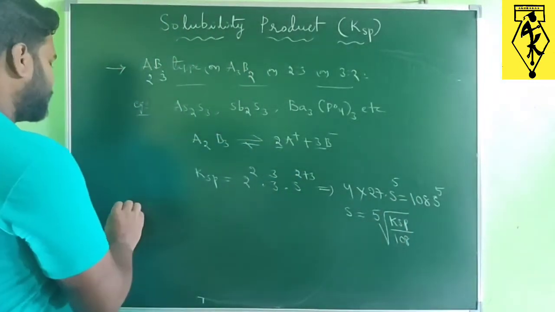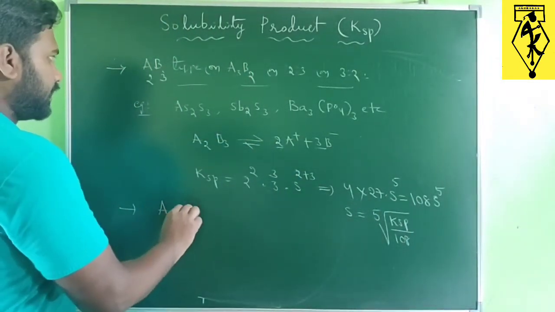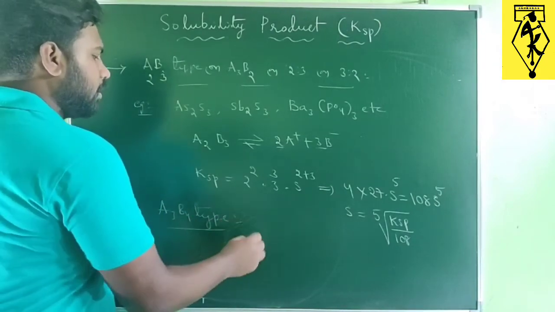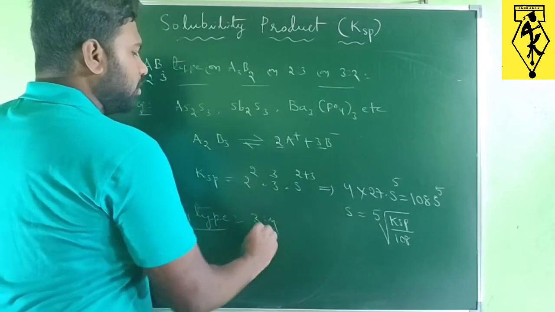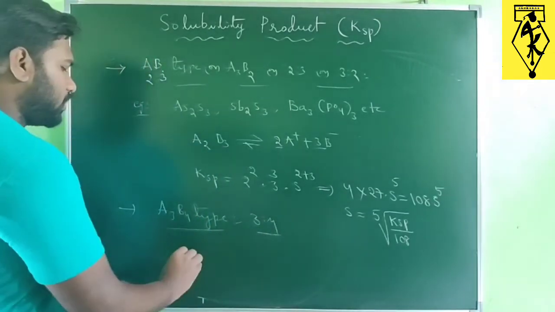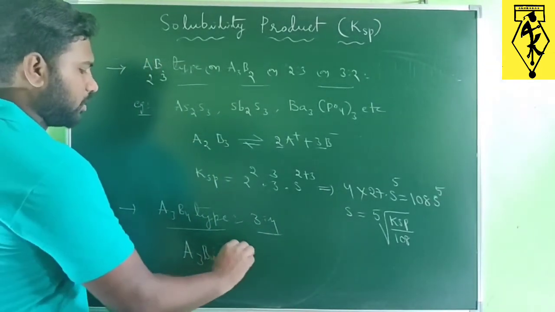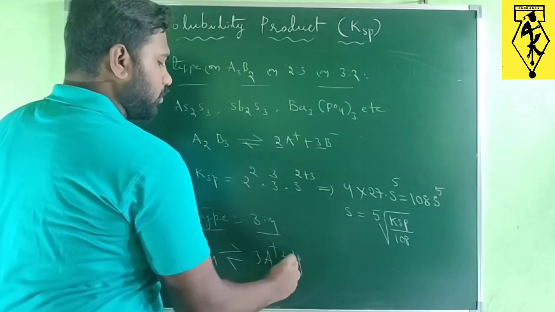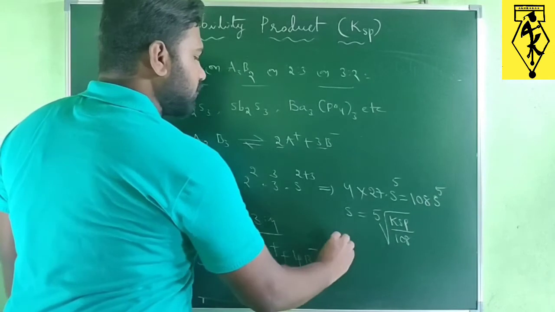Next we will discuss A3B4 type or 3:4 type of electrolyte. So A3B4 will dissociate to give 3A plus and 4B minus. So what is the formula?